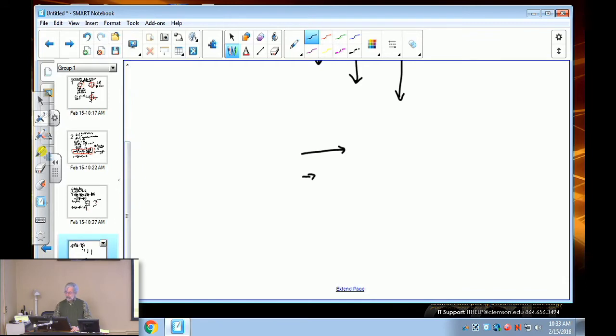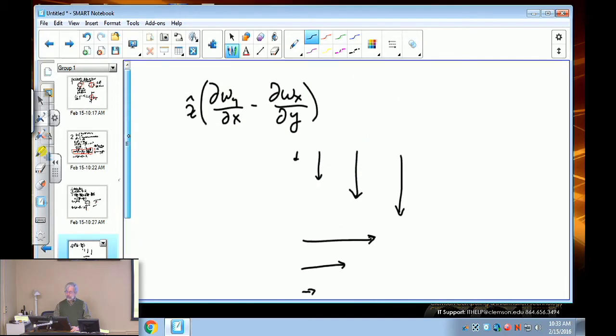If the x component is increasing with y, that gives a rotation in the opposite direction. Okay, so you can see I can get a contribution to the curl either if the y component is increasing with x, or the x component is increasing with y. But I get them in the opposite sign. That explains why they're in the opposite direction, because one is clockwise flow, the other one is counterclockwise.